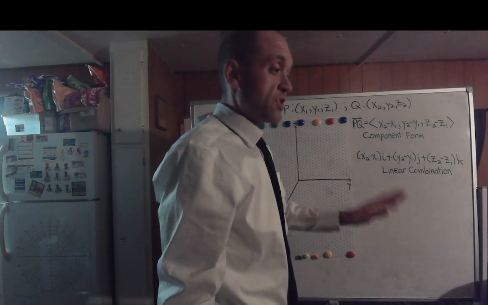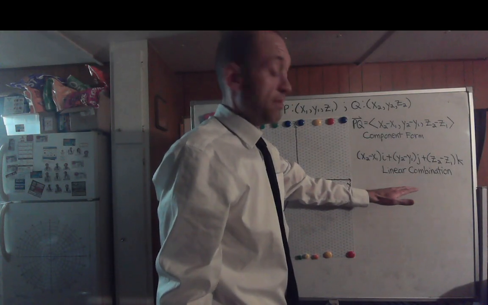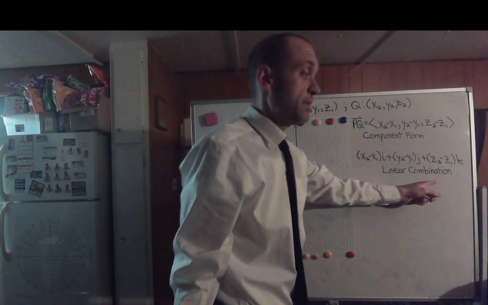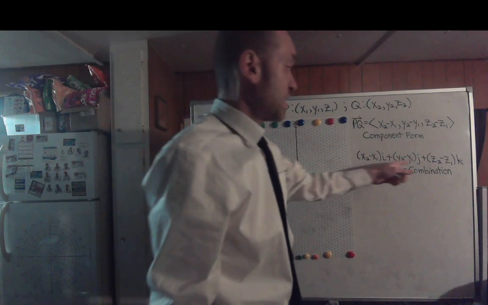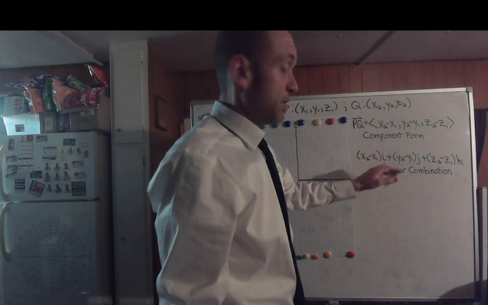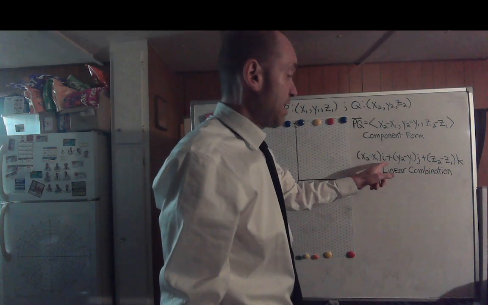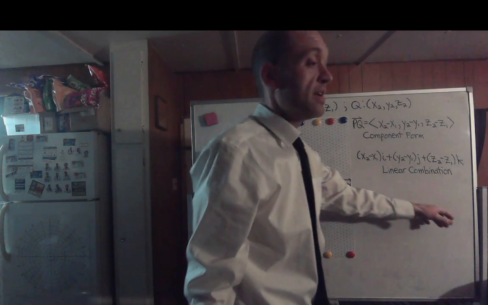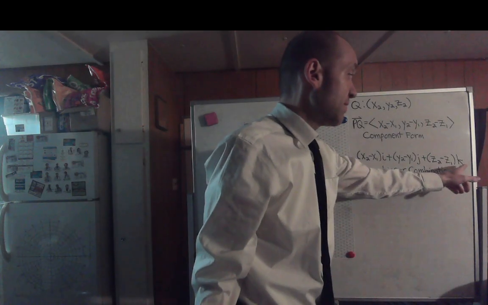Also, another way to write vectors, it's the exact same thing, it's just a different way of writing it. You have what's called the linear combination, where it looks like a sum, but it's really not. You have the i and j, which denote your x and y positions, and then in a z variable you have k.